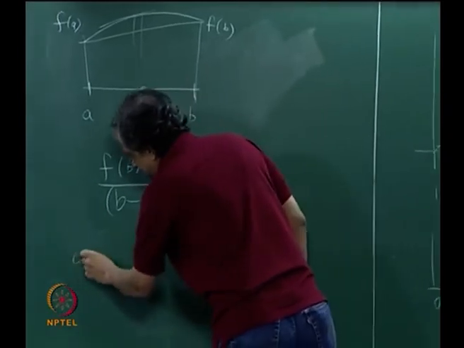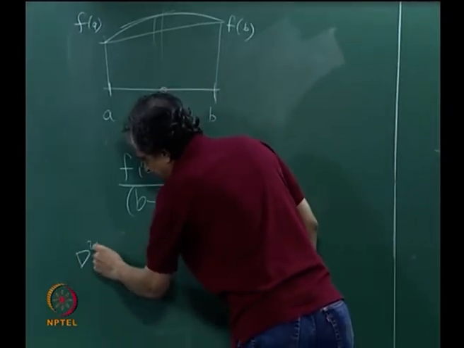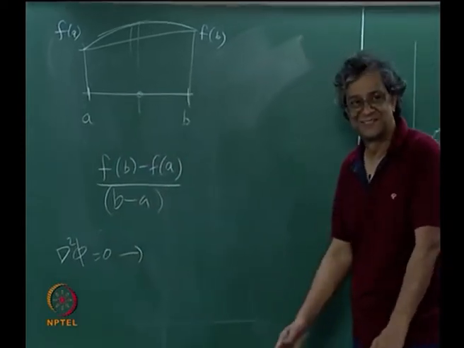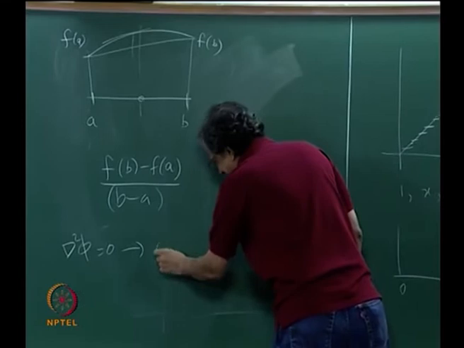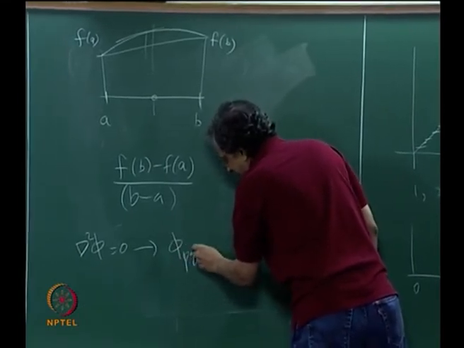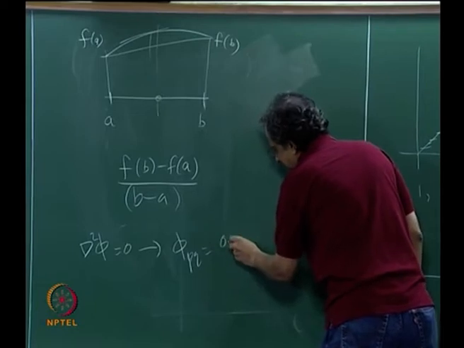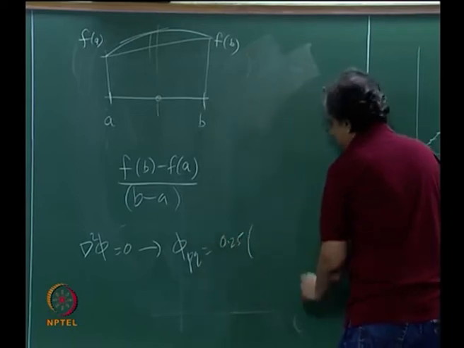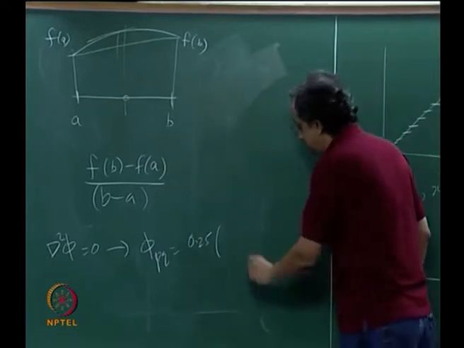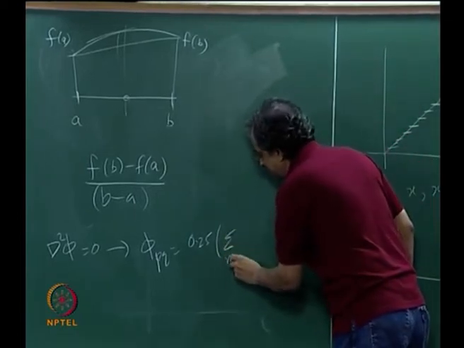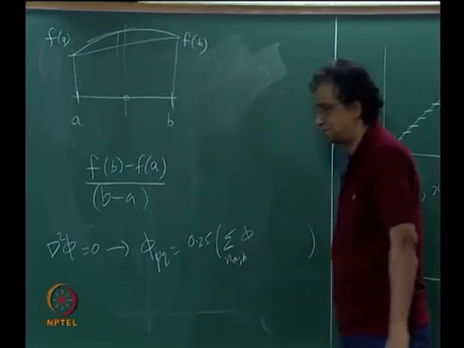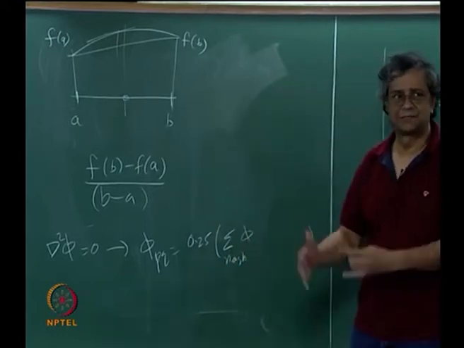We basically showed that Laplace's equation, nabla squared phi equals 0, an equation that I have written many, many times in this class, could be discretized so that phi at P was a quarter of the summation of the neighboring phis, so it is the average of the neighbors.